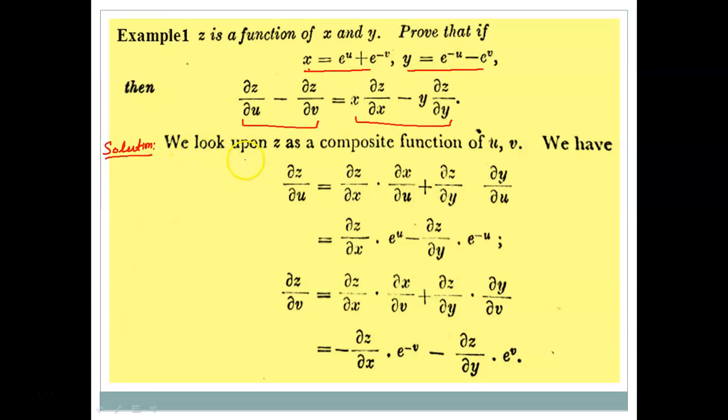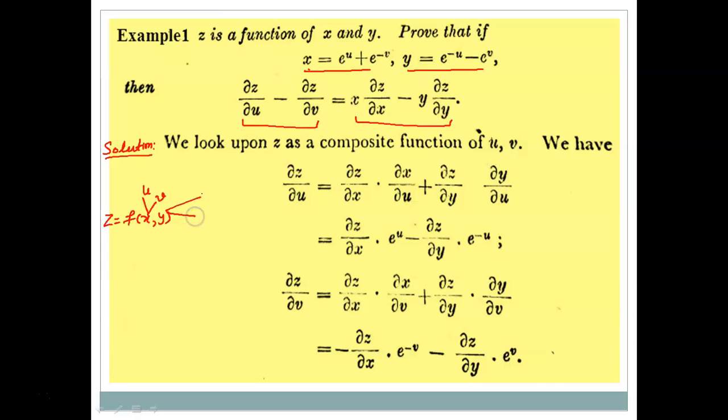Here we look upon z as a composite function of u and v. Here you can see that you are given z is a function of x and y. And further, you are given that x is a function of two variables u and v.